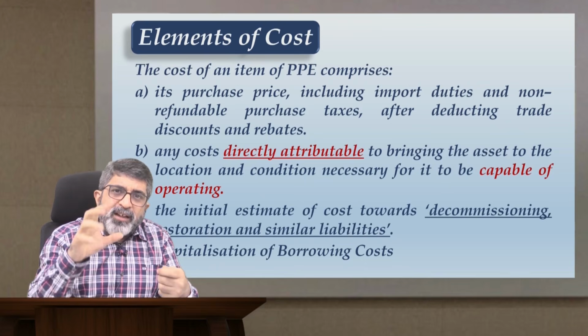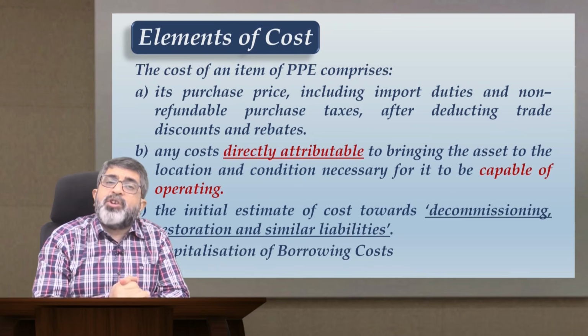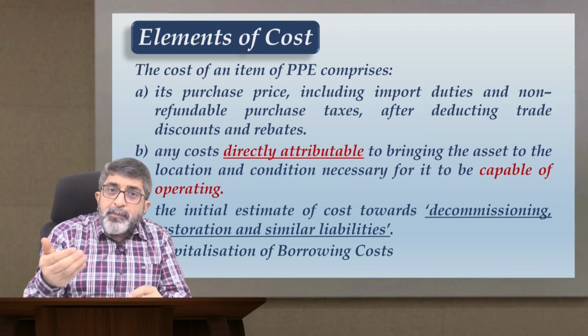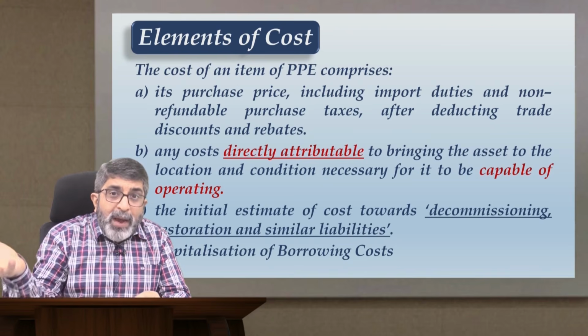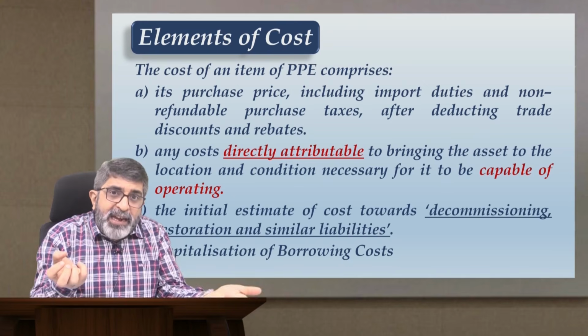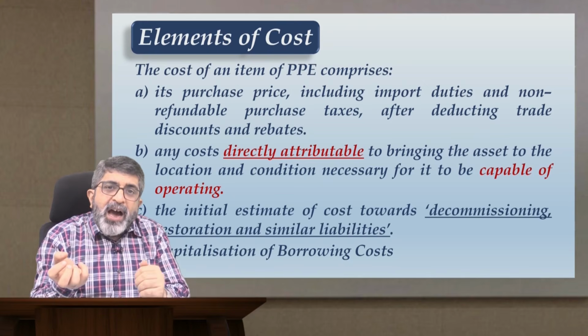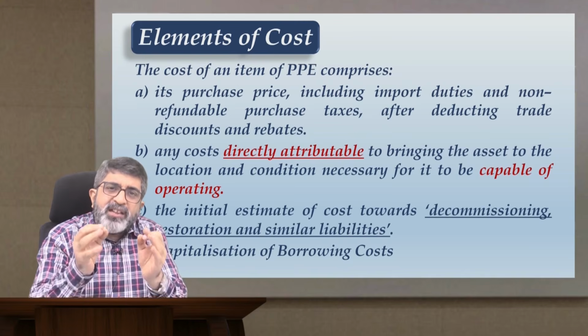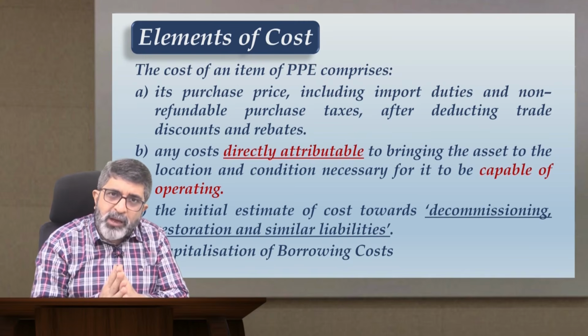But there is a system of input credit. If I have paid VAT while making a purchase and I am liable to pay the VAT that I have collected from my customer, I can offset these two and the net amount only I should pay to the government.